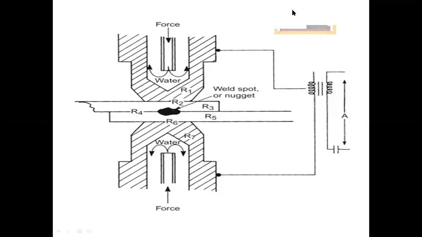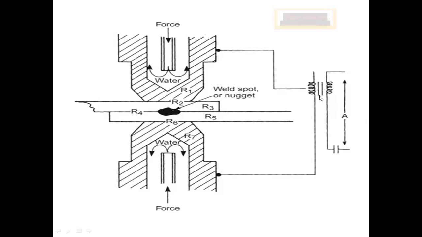Now I am going to share this. Look, in this case there are two electrodes. If we apply some high voltage, some high current, because heating is done only by current, since the heat equals I squared R T. So we apply high voltage at the primary of the transformer, but it is stepped down.